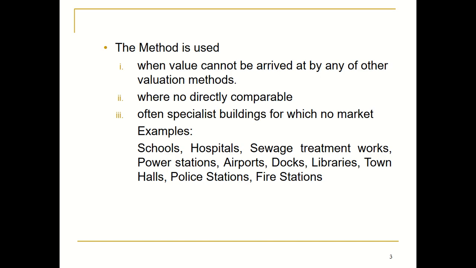So by right we cannot get the evidence or market data from the JPPH database. But when we are instructed to value this type of property which has no recent data, we use the cost method to calculate the market value of the subject property.